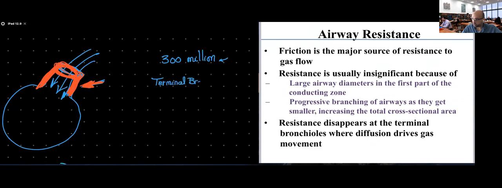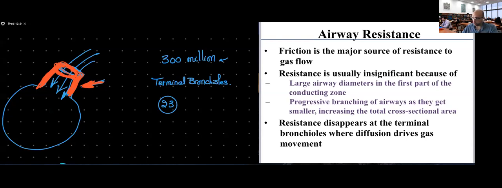If you remember, how many orders of division do we have? We have 23 orders of division in order to reach the terminal bronchioles. So the trachea is going to be dividing 23 times. Remember, the trachea splits into 2 main bronchi. Each main bronchus splits into lobar bronchi. Each lobar bronchus is going to split into segmental bronchi, and so on. We have 23 orders of division.